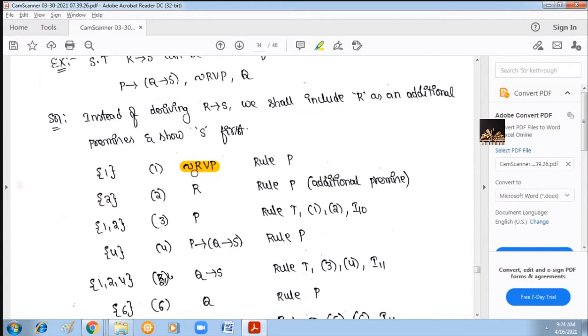Here you have a negation R, so I will take R as a new premise, because according to our definition you need to derive S from R and the set of premises, but R is not there in this set of premises, so you have to consider R as an additional premise, right? Now when you combine these two, R and negation R will get cancelled, and left over will be P. So you still have to eliminate P and Q, right?